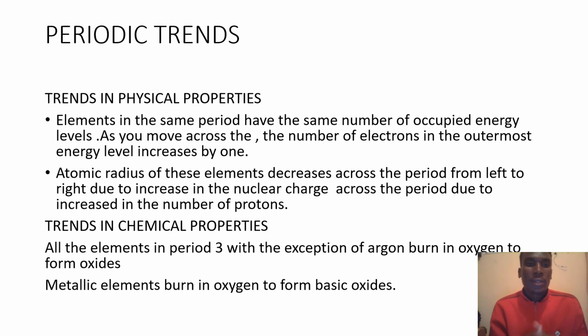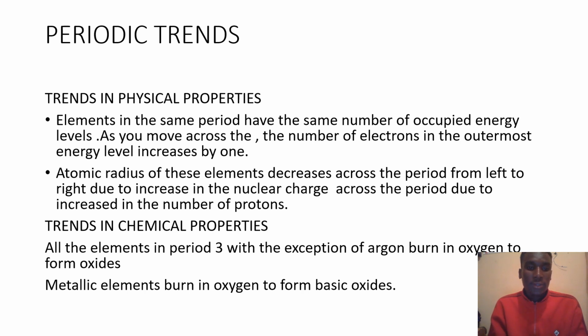For the periodic trends of alkali metals, I'm going to talk about trends in physical properties, which we have already talked about. Elements in the same period have the same number of occupied energy levels. As you move across the period, the number of electrons in the outermost energy level increases by 1.